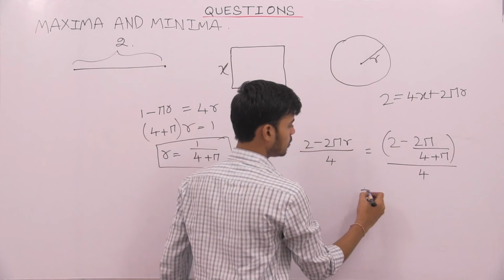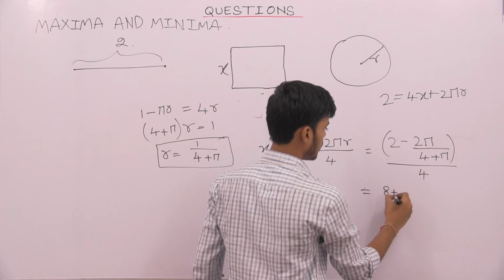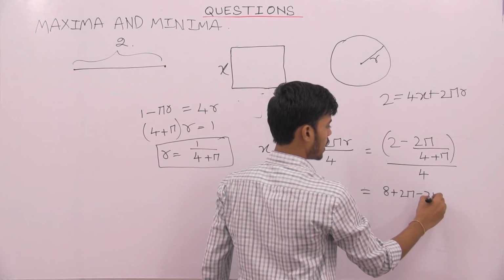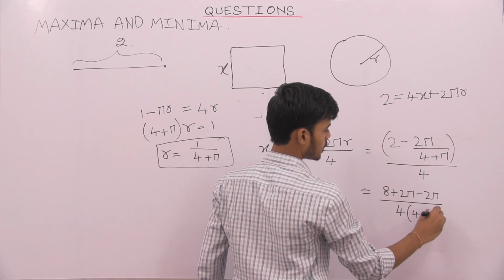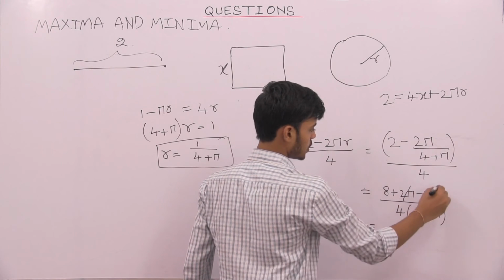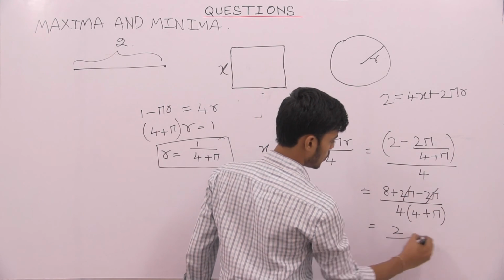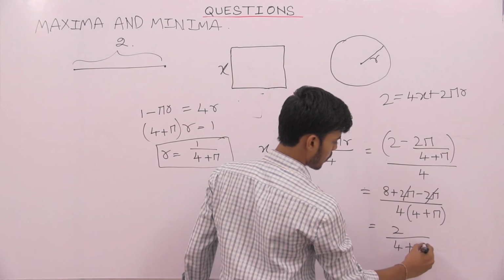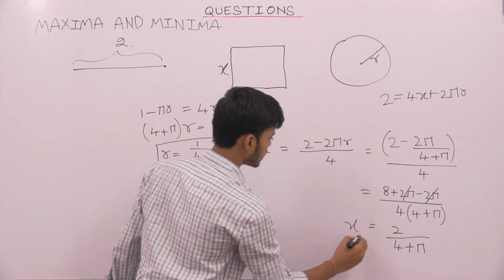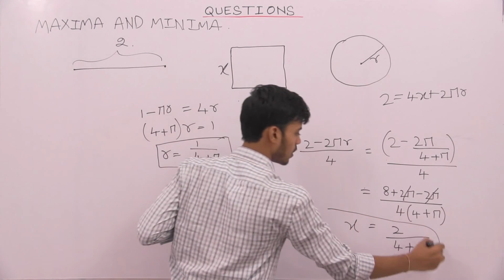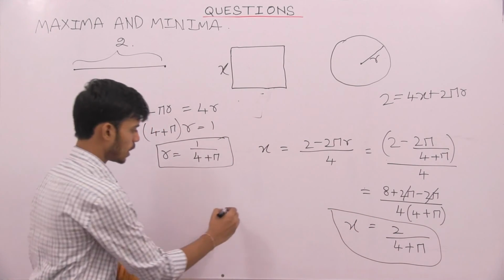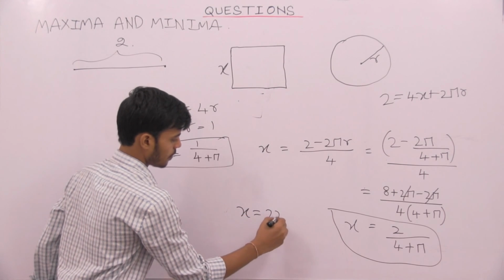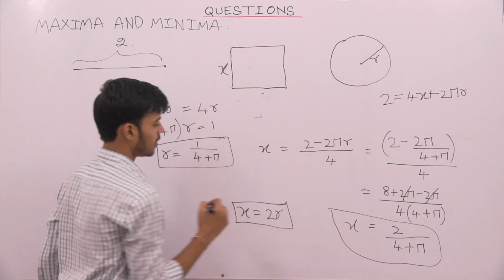So take LCM, we get 8 plus 2 pi minus 2 pi by 4 into 4 plus pi. This gives us 2 by 4 plus pi. This is x and this is r. We can clearly see that x is equal to 2 times r. Hence this is the equation required.